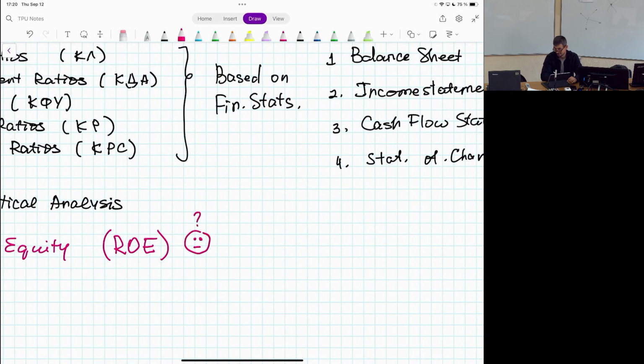So how do we calculate this? Usually for each ratio there is a financial indicator 1 divided by financial indicator 2. In this case, these financial indicators will be net profit divided by equity.